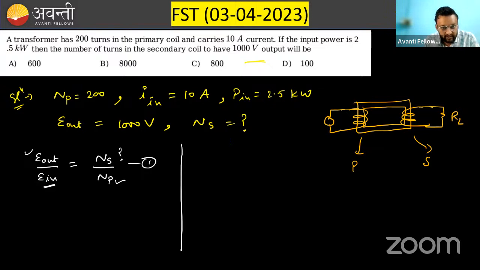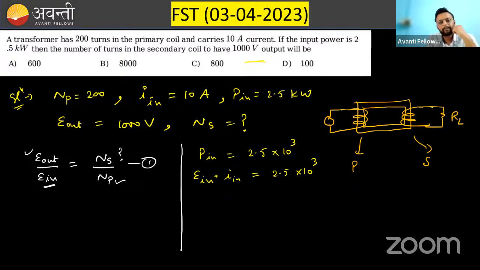They have mentioned that input power is 2.5 kilowatt. That means input power is 2.5 into 10 raised to the power 3 watt. Power P is equal to VI. I think at some stage in your life you have heard the relation: power is equal to V into I. So input voltage into input current is equal to 2.5 into 10 raised to the power 3.